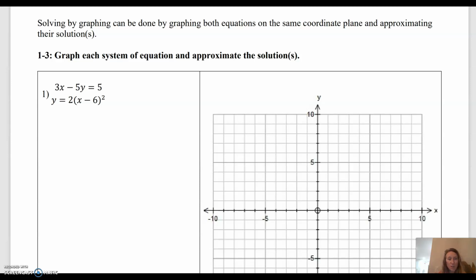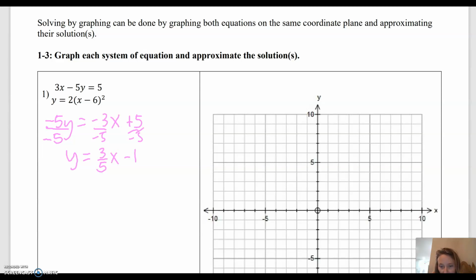So looking at the first equation, it is a line, and I'm going to translate that to y equals mx plus b. So step one is going to be subtracting 3x. So it'd be negative 5y equals negative 3x plus 5. And then dividing everything by negative 5, I'm going to have y equals positive 3/5 x minus 1.